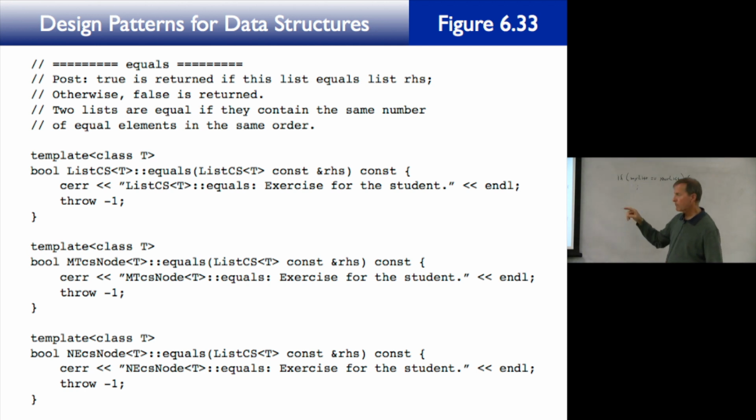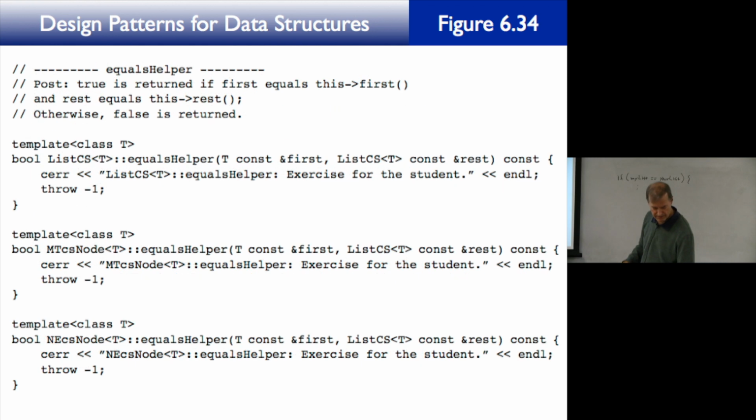But before we actually go on, let's take a look at what the parameters are, okay? The parameter for equals for the list is the right-hand side. The parameter of equals for the empty node is the right-hand side. And the parameter for equals for the non-empty node is the right-hand side.